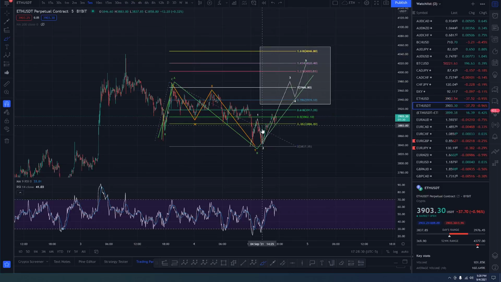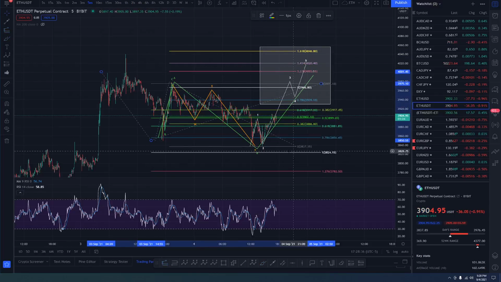Now, why don't I like that count a whole lot? Let me see. Pull the fibs here. Came to the 0.786, didn't quite make the 1 to 1. I guess it could be all right. 0.786 is a fine corrective area, but I don't know. We'll see.